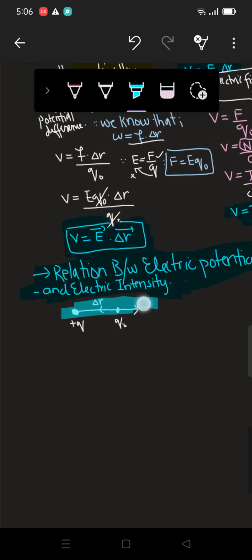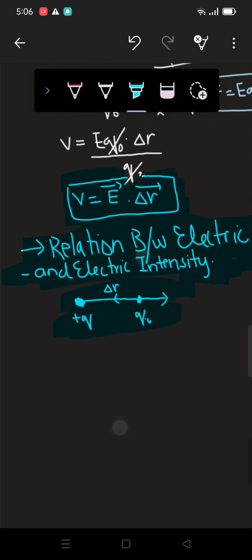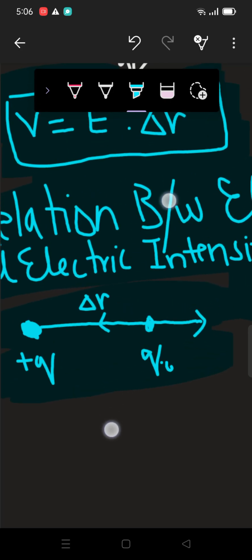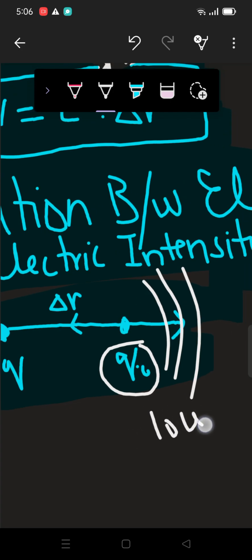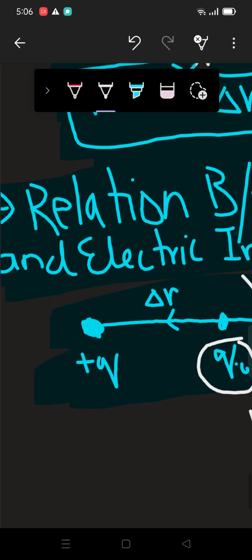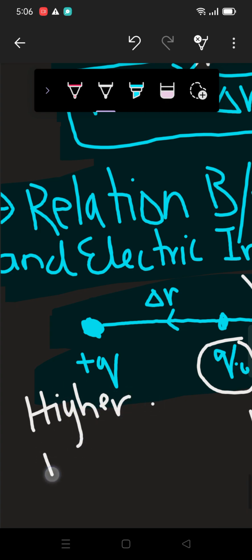We know that we have taken two charges. Alright, now what's happening? The work done in moving this test charge from lower potential, we know that here the potential will be lower, alright, and here the potential will of course be higher, or you can say it is the positive terminal.